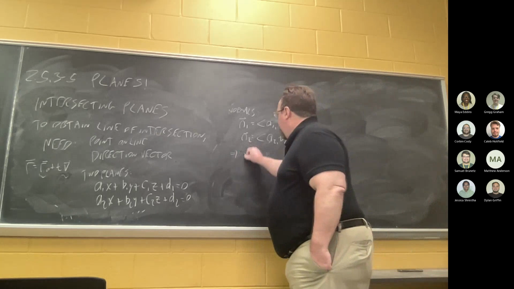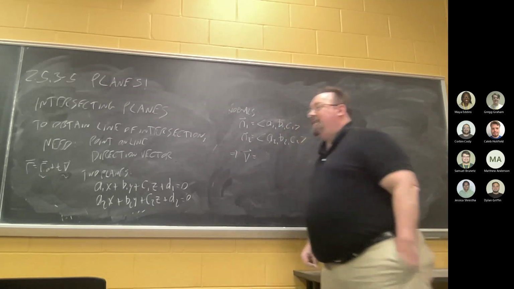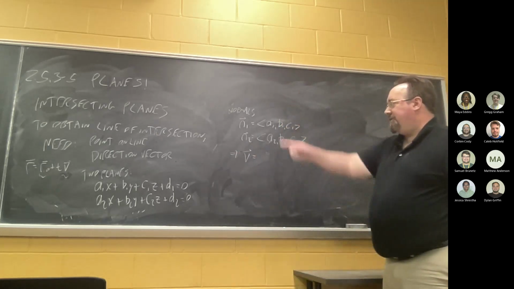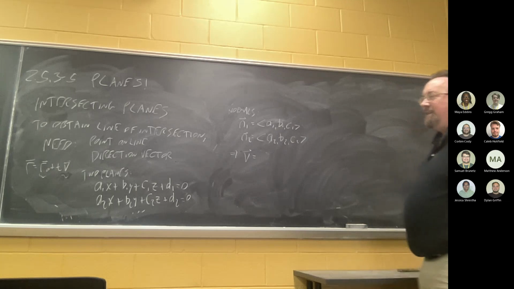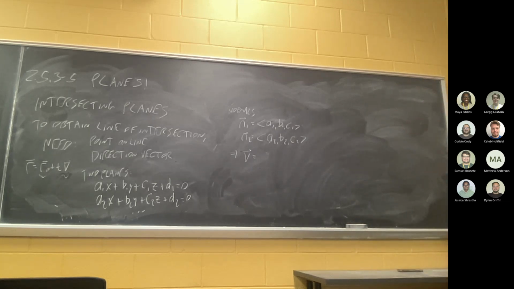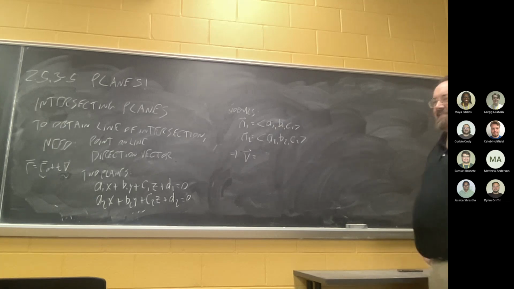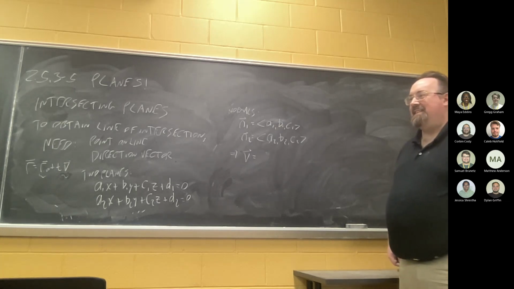So what is the direction vector for this line? The cross product of N1.